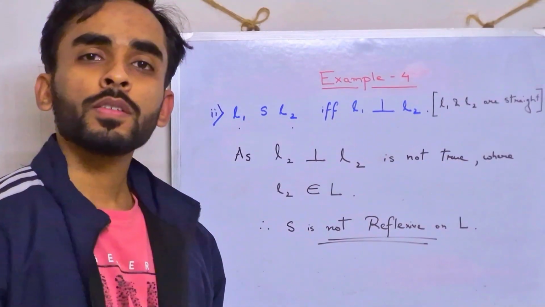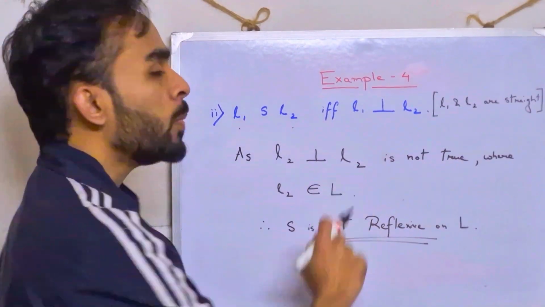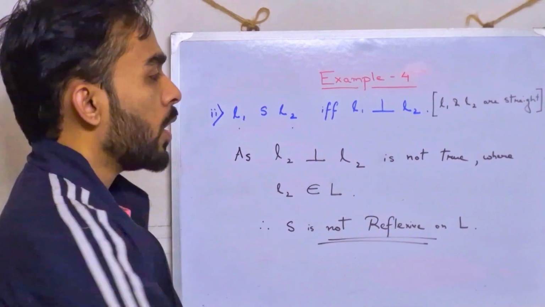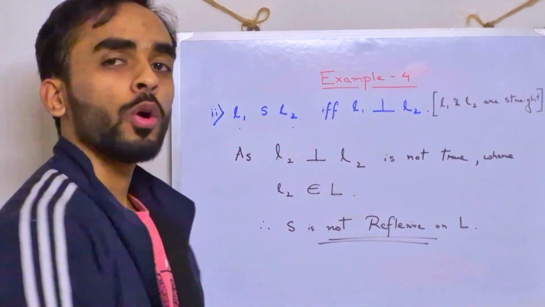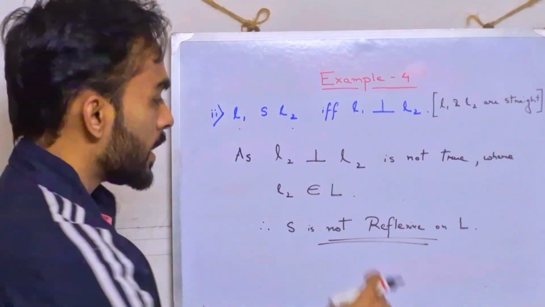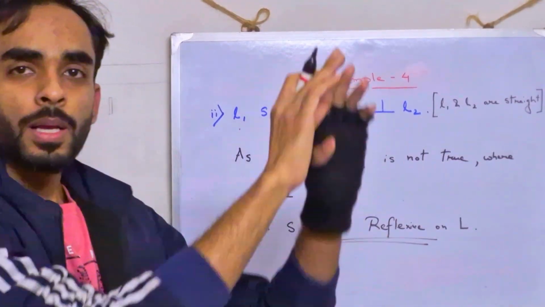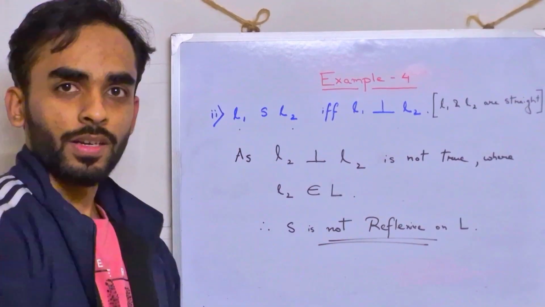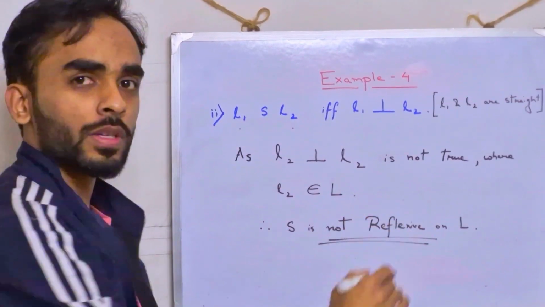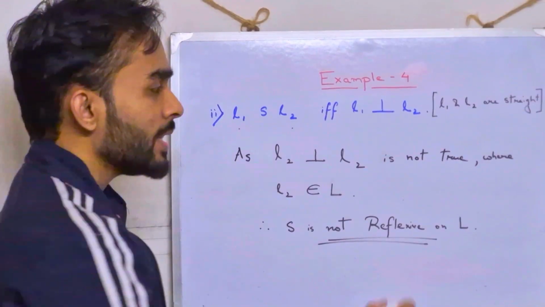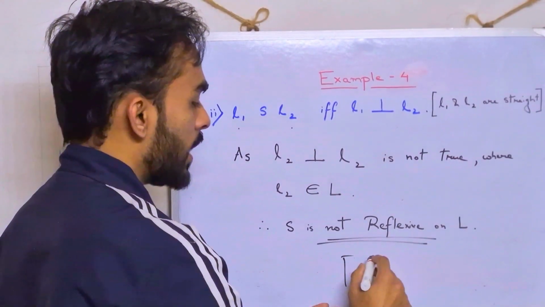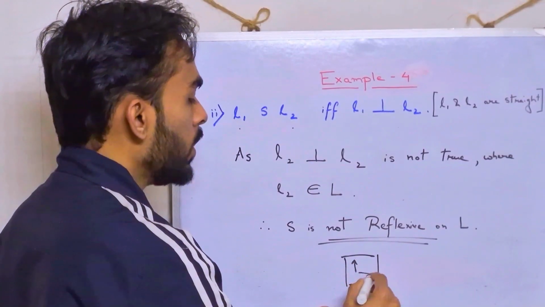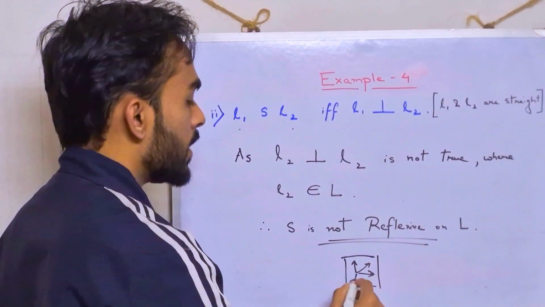Okay, how did we write this? As L2 perpendicular to L2 is not true, where L2 belongs to L. What is this capital L? It is the plane. Generally we write a set here, right? Whenever we write belongs to, we write a set. I am saying that L is a plane, then how can it be a set? See, a plane can have all sets of straight lines, right?